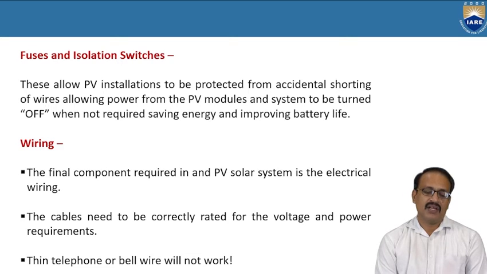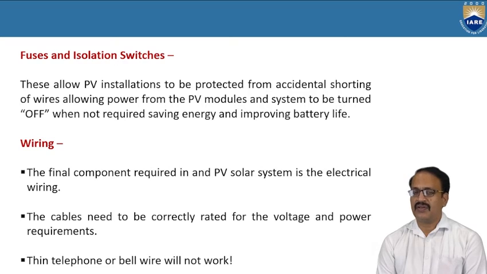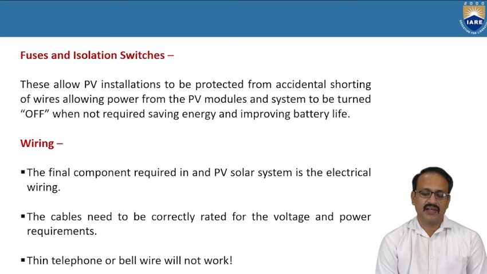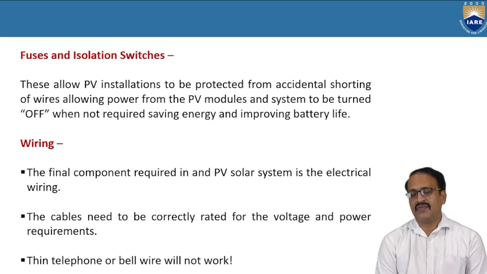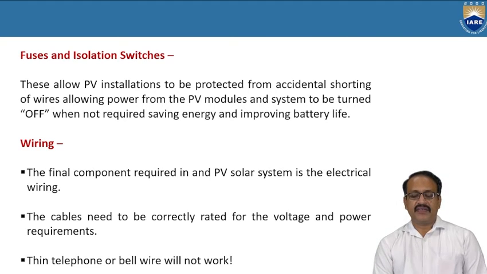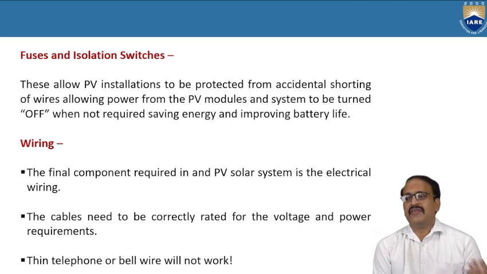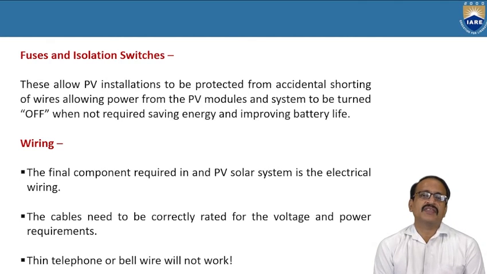The next thing is wiring, which is also an important thing for a PV system. Where there is electricity, wiring is there automatically. The cables need to be correctly rated. We have to install wires with the suitable configuration.